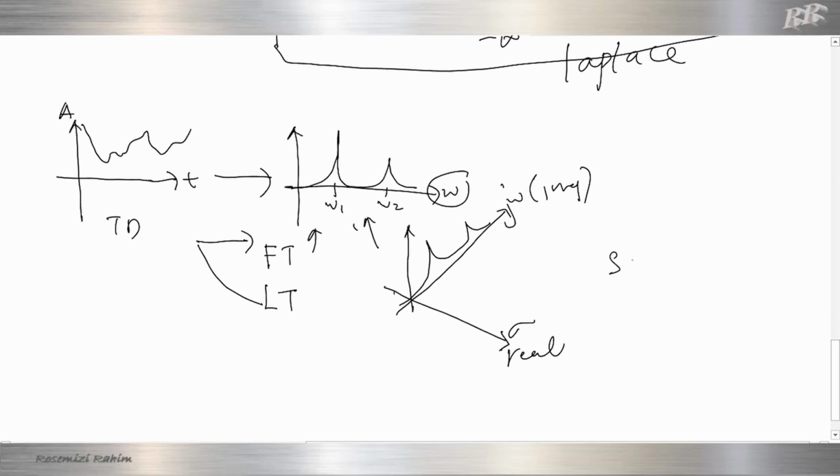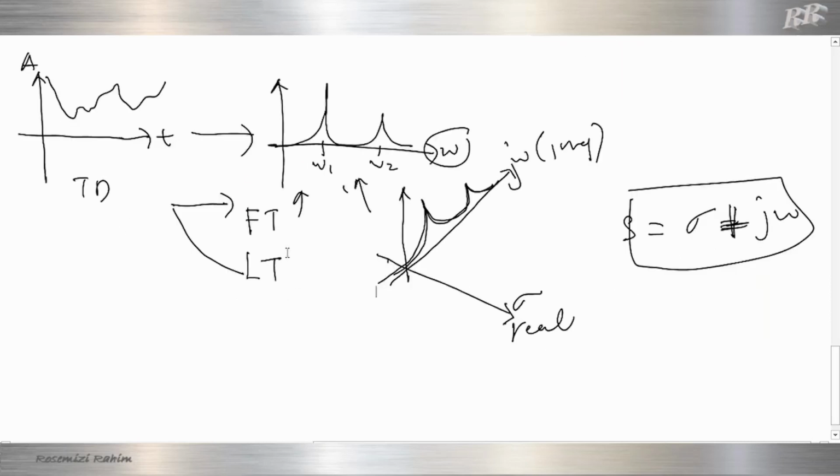So S equals sigma plus j omega. This is a complex number. For this frequency response, this is the view from the Laplace transform.